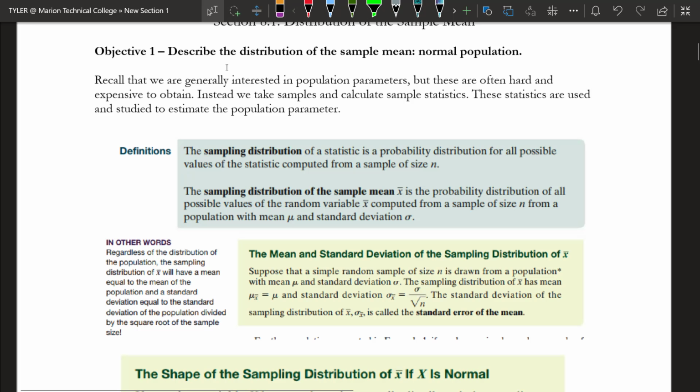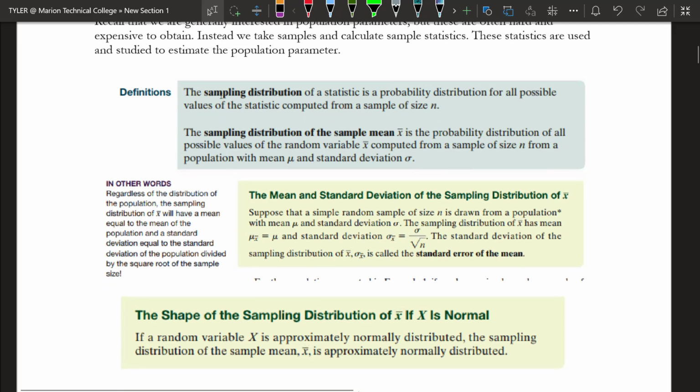So instead, we collect samples and calculate sample statistics, and we use statistical methodologies to study and estimate what's going on with the population, right? So that's why this class and this field of study is called statistics, because we study statistics, but really what we're interested in is what's going on in the population.